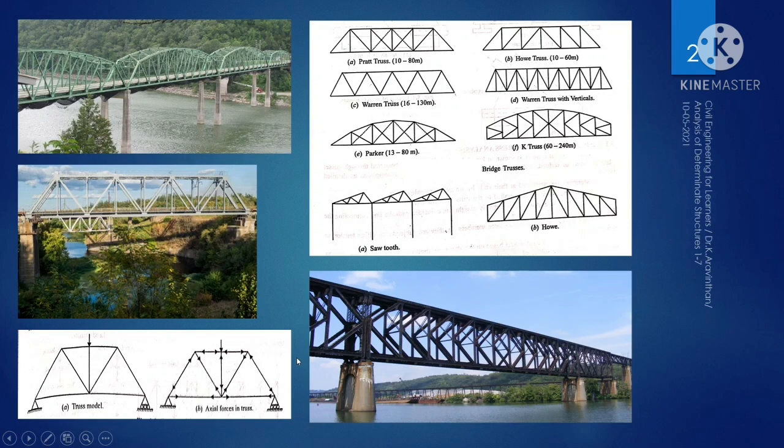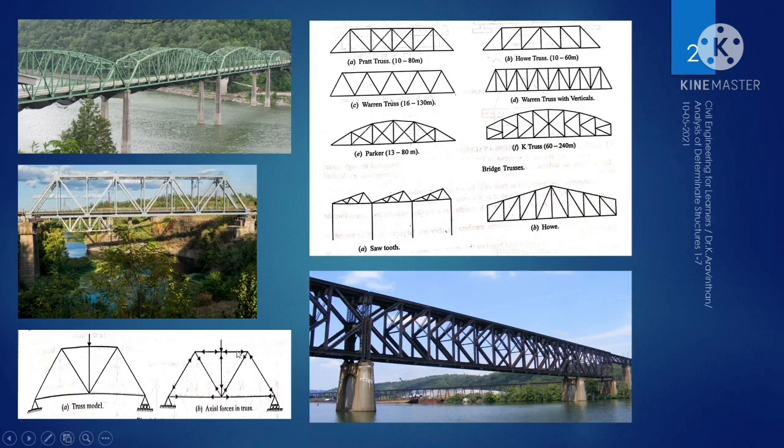And you can see here that the trusses are load carrying members where the load is only applied at the joint. So wherever you see the joint, at the place of the joint these loads are applied, and only at those places.